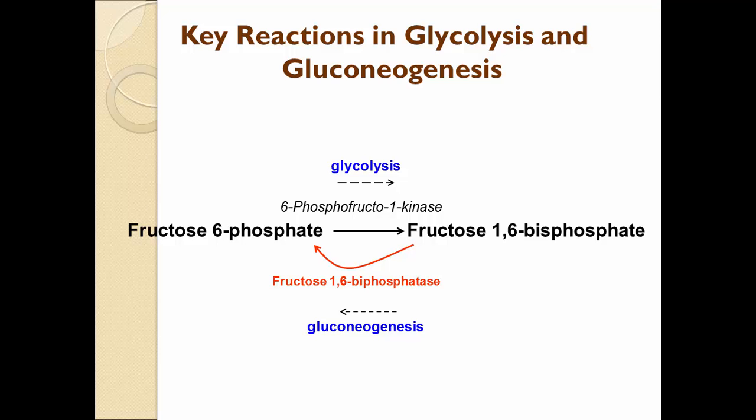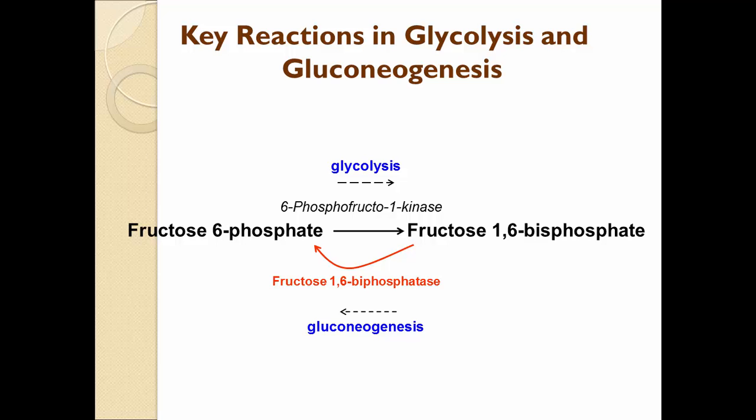Okay, now let's talk about the second key reactions in both glycolysis and gluconeogenesis, which is fructose 6-phosphate can be catalyzed to convert to fructose 1,6-bisphosphate, which is the key pathway in glycolysis, right?